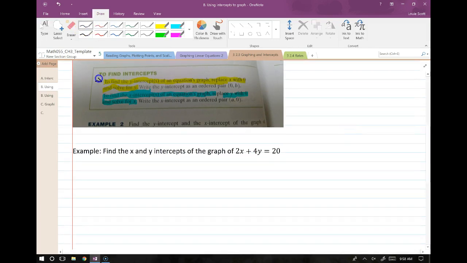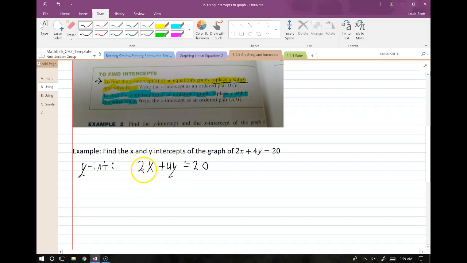The first one says, to find the y-intercept, we replace x with 0 and solve for y. So this is our y-int calculation. I have 2x plus 4y equals 20. The instructions are replace x with 0 and solve for y.